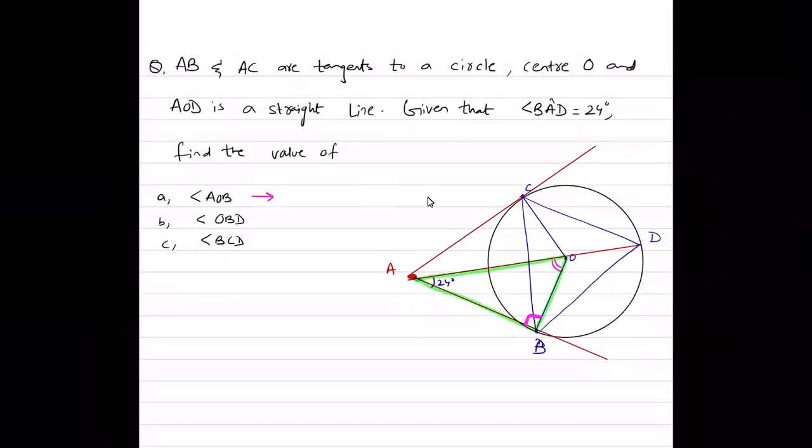To find angle AOB, you can add 90 and 24 and subtract the answer from 180. If you do that, what is the answer? 66.